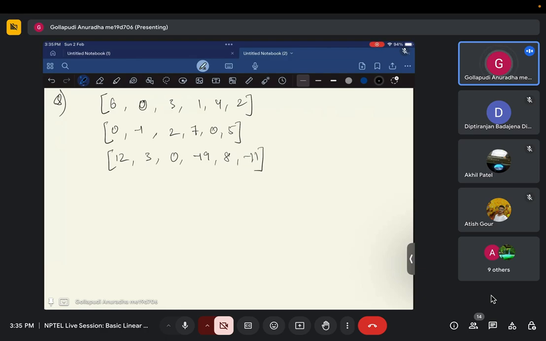If they are linearly dependent, then there must be some non-zero scalars such that, suppose I'm calling this A, this B and this C, if I'm able to find some alpha and beta such that I'm getting this kind of relation, then they are linearly dependent.